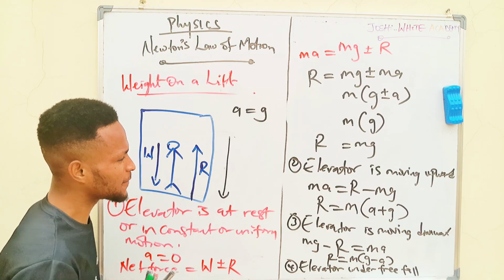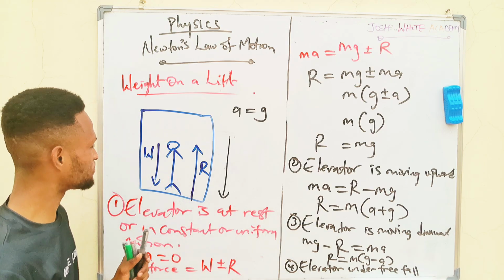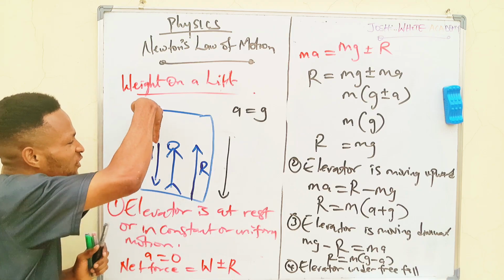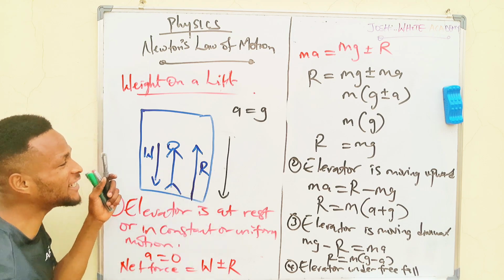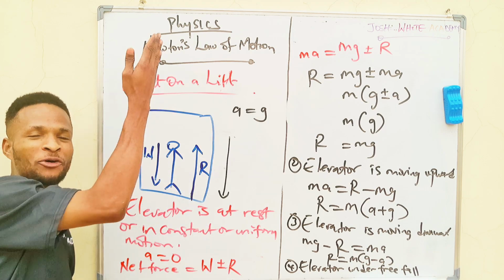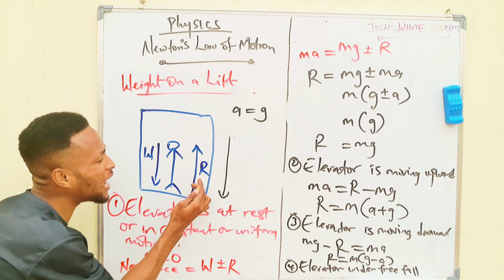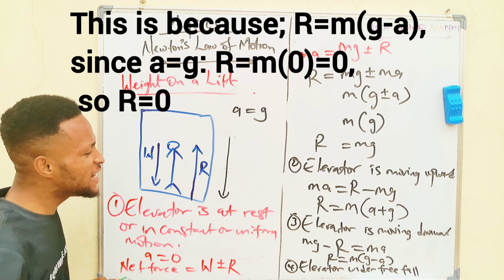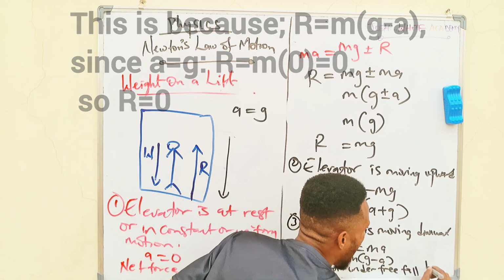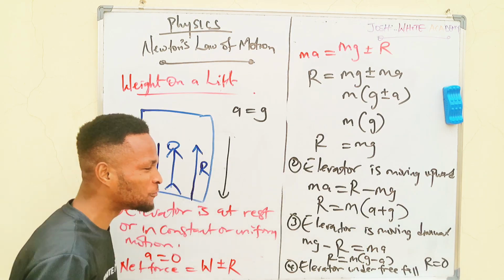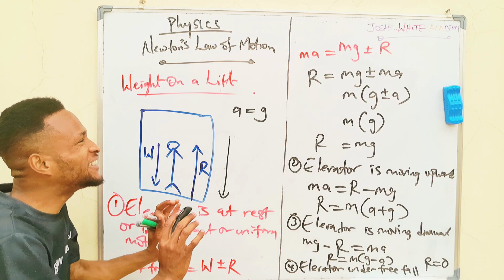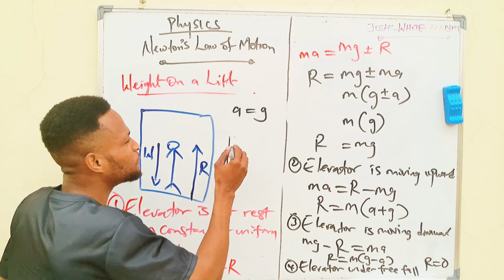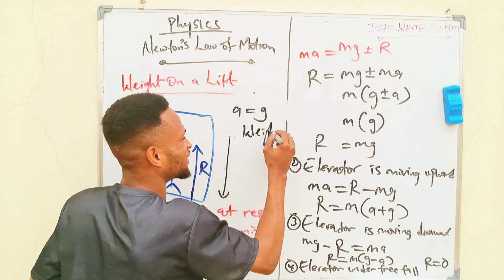Now, in this case, there is no reaction. So his weight is going down. There is nothing trying to support him up. So our reaction R is 0. So in this case, his apparent weight, which is R, is 0. So we call this in physics weightlessness.